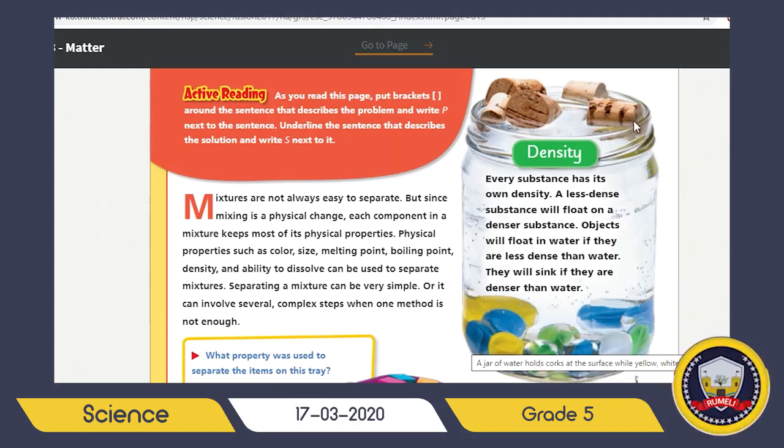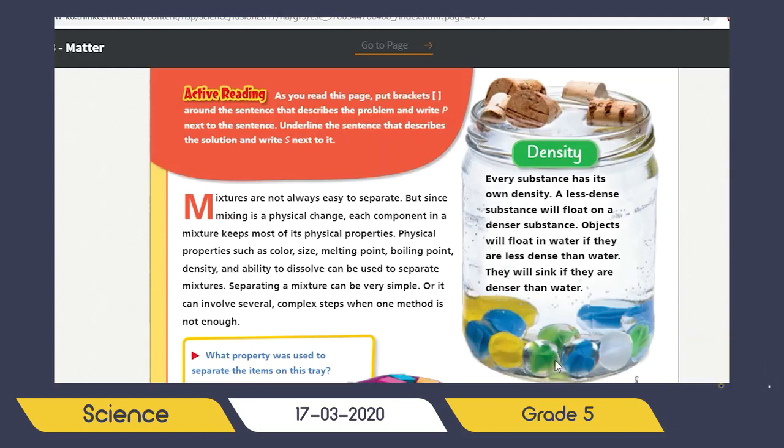So it will give us a chance to separate these mixtures from each other. You can try this with different ingredients. You may see that some substances will sink in the water, but some of them will float on the water. So the density of these substances may help you to separate them from each other.